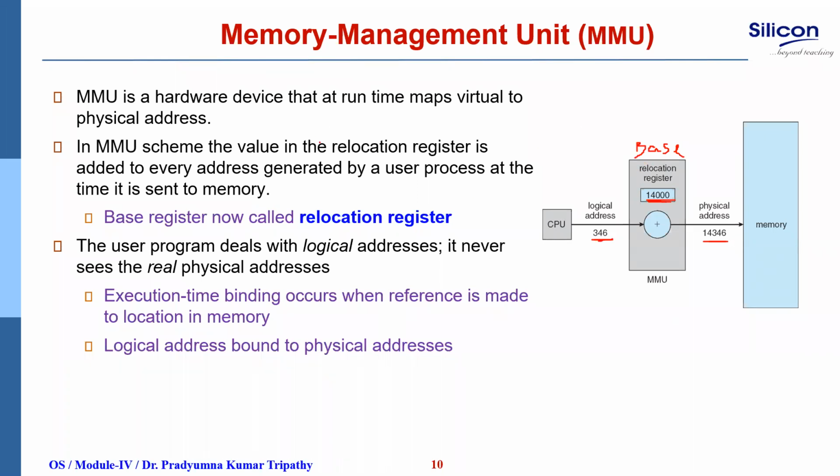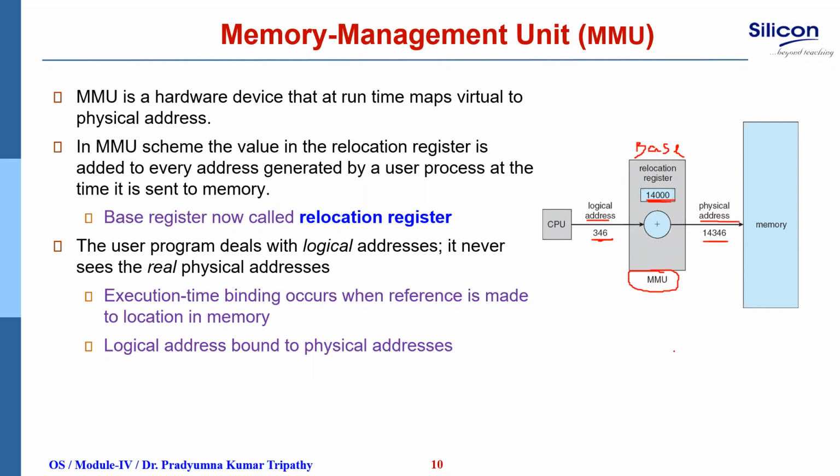The memory management unit is a hardware device that maps virtual to physical address. The processor generates the logical address; the actual address is the physical address. Who will convert this? The memory management unit converts the logical address to the physical address.